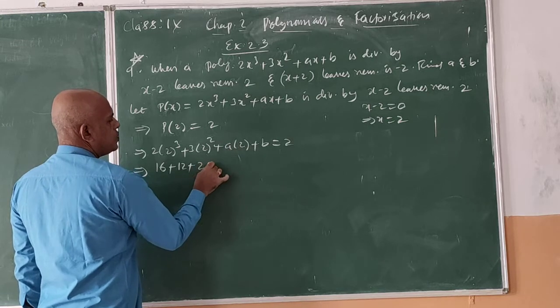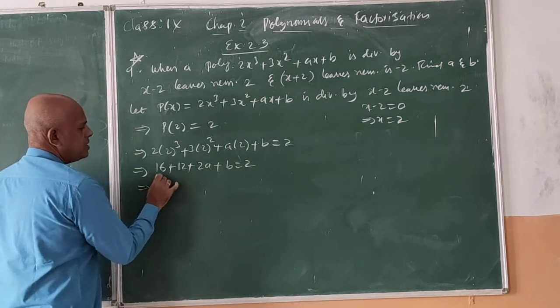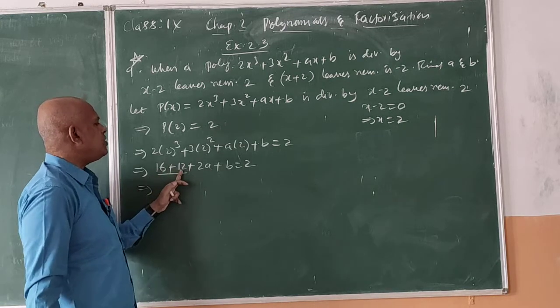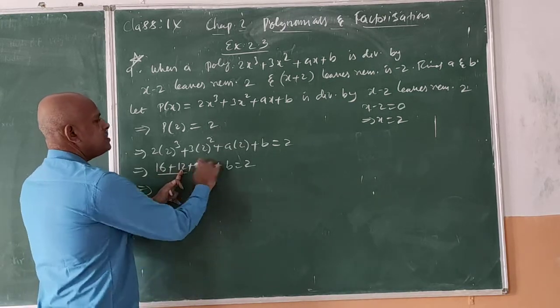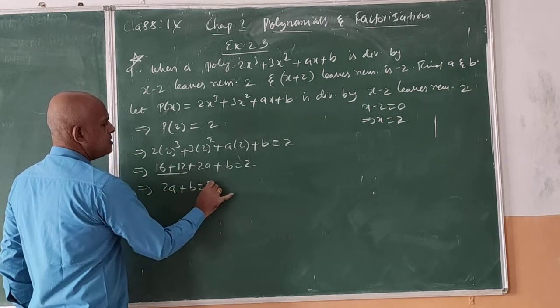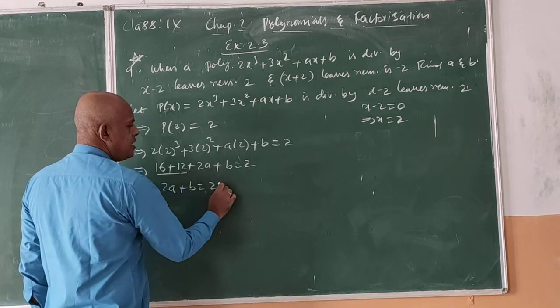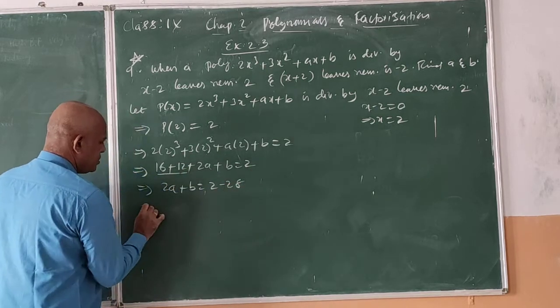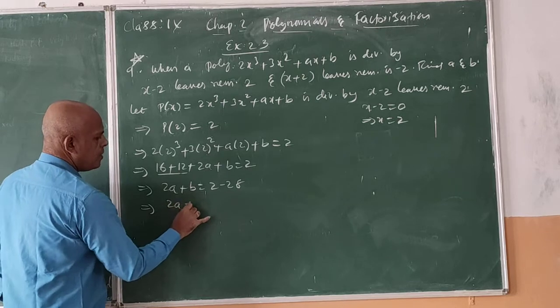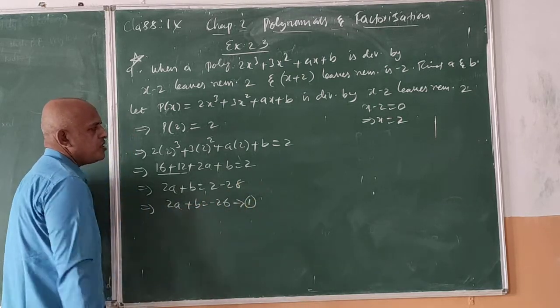Then 2a plus b is equal to 2. 16 plus 12 is 28. The 28 comes to this side as minus 28, which implies 2a plus b is equal to minus 26. This is equation 1.